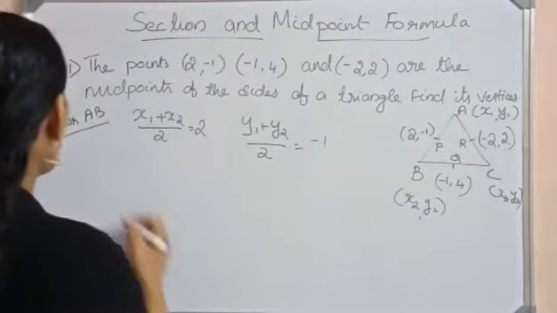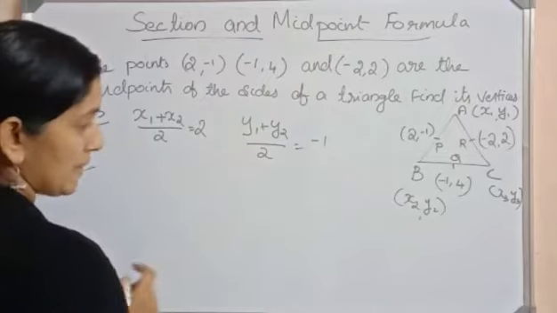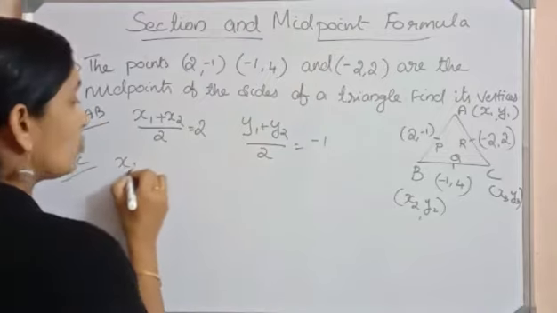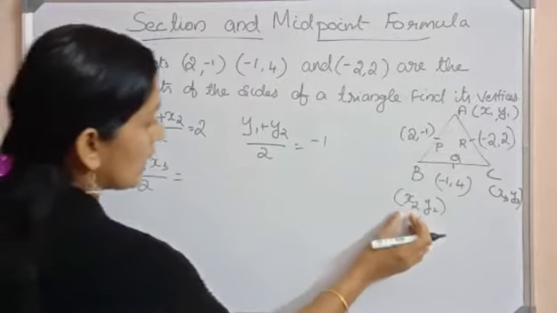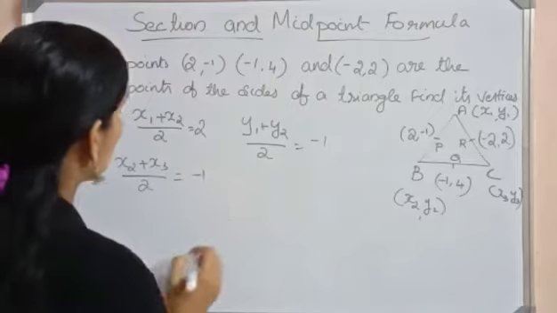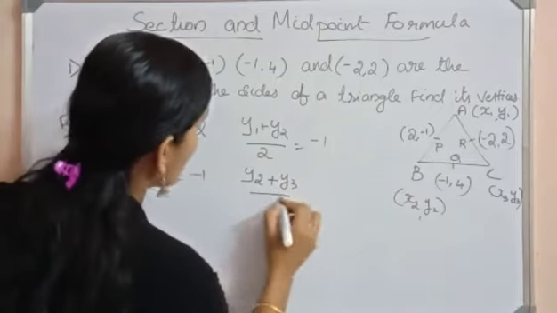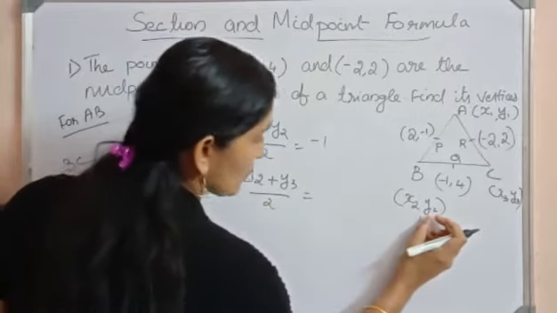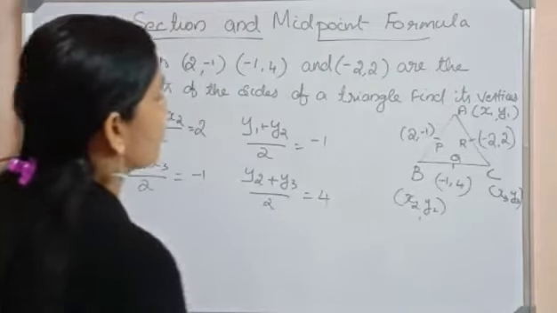In the same way, for the side BC, (x2 + x3)/2 is equal to -1 and (y2 + y3)/2 is equal to 4.